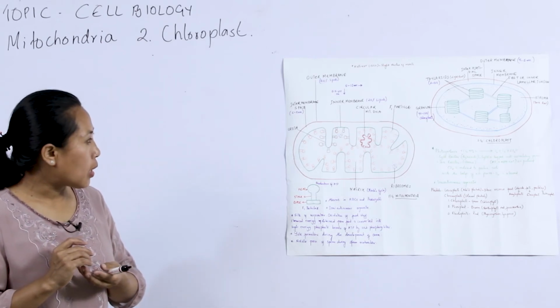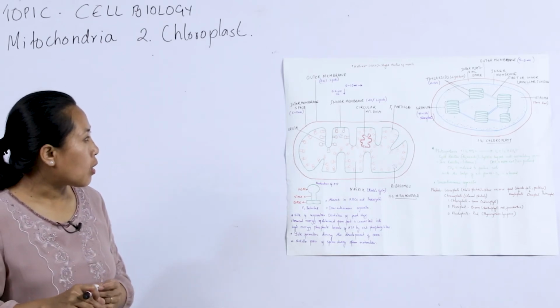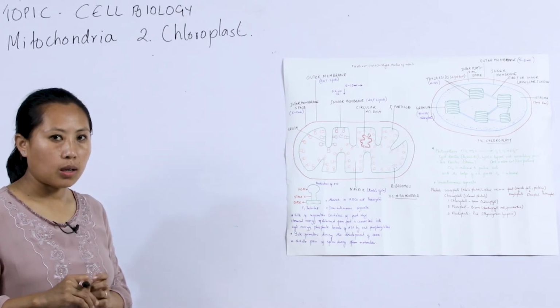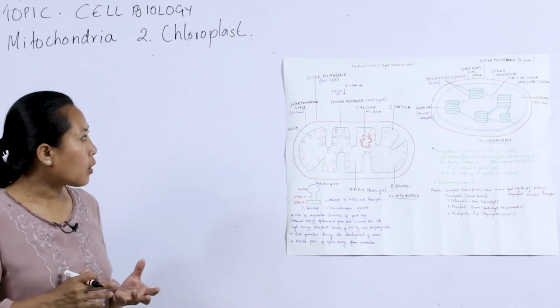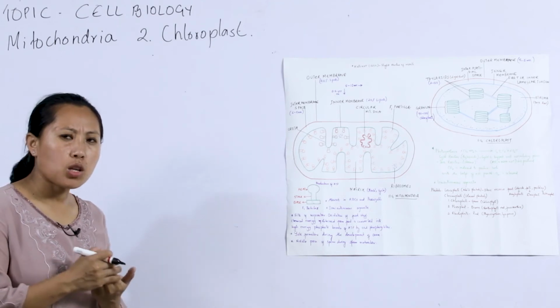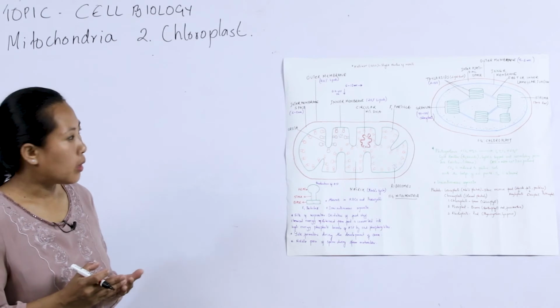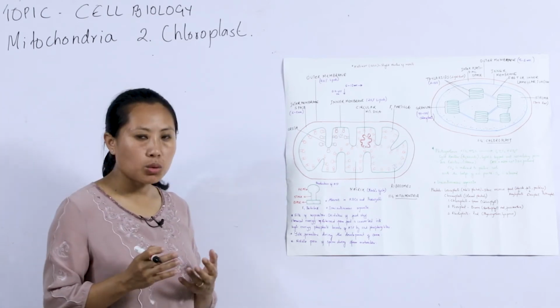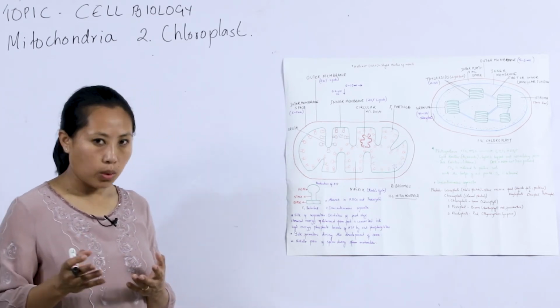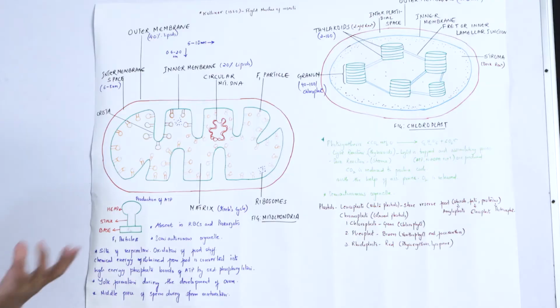They give rise to grana, granum singular and grana plural. The number of thylakoids may range from 2 to 100 in a chloroplast, and the number of grana may range from 40 to 100 per chloroplast, but it varies from cell to cell, depending upon the region where they are present.